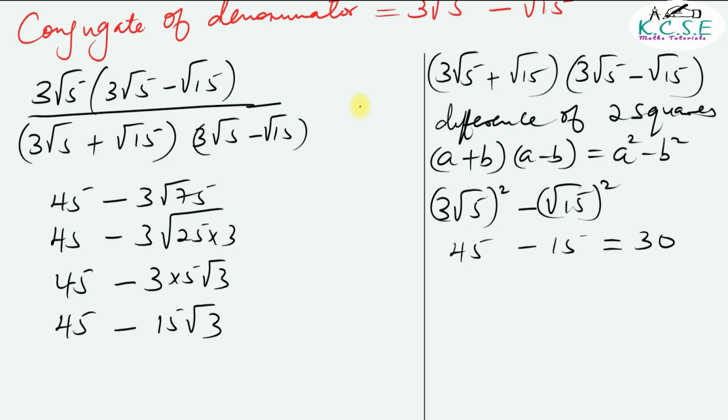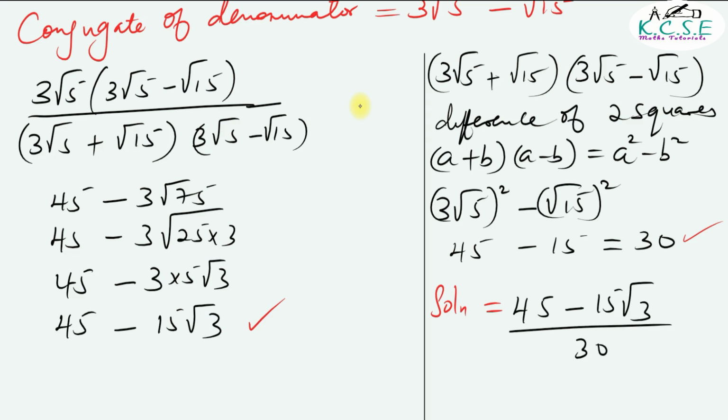Now we have the solution, that is the numerator, that is the denominator. Therefore the final solution is given by 45 subtract 15 root 3, everything divided by 30.